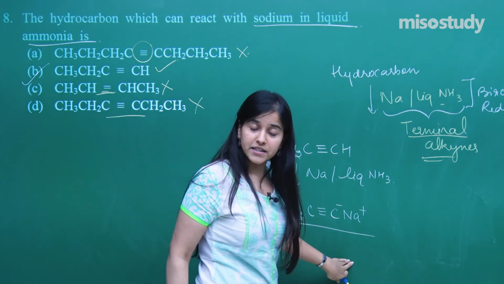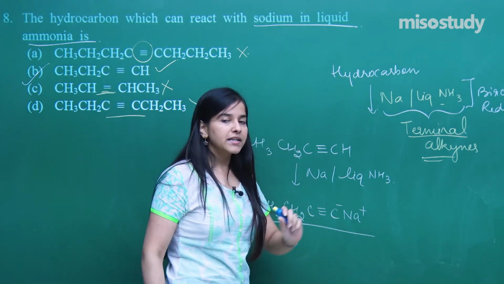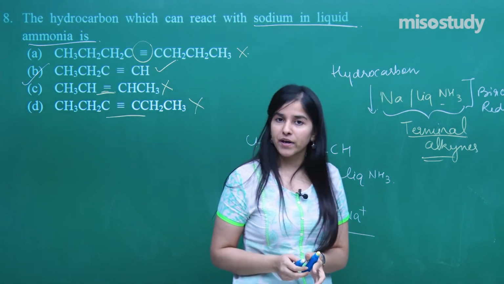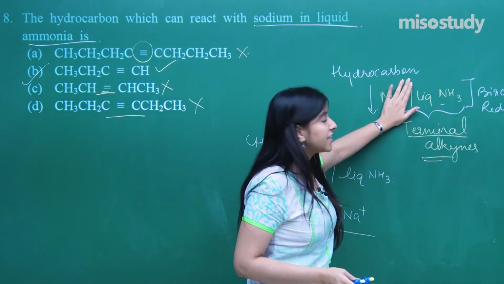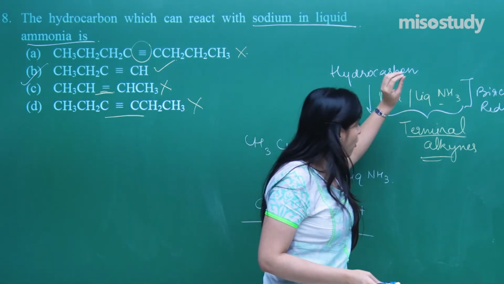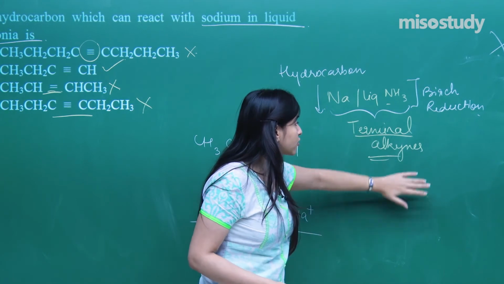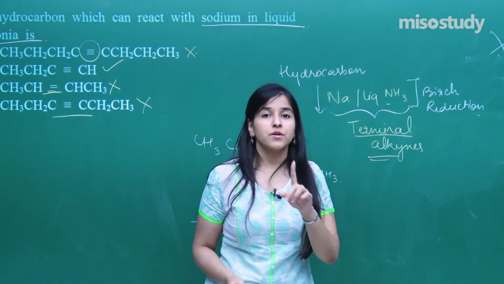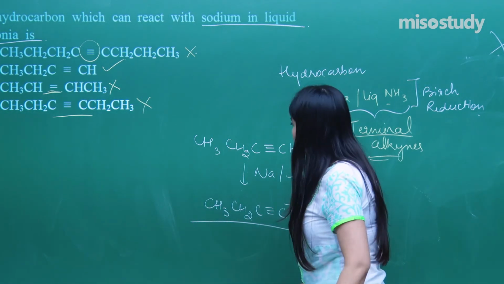That is what we are getting in this reaction. So I hope you are clear with the concept. You need to remember this very specifically, that this reagent, the Birch reduction, always gives a reaction with terminal alkynes. So remember that. Let's move on to the second last question.